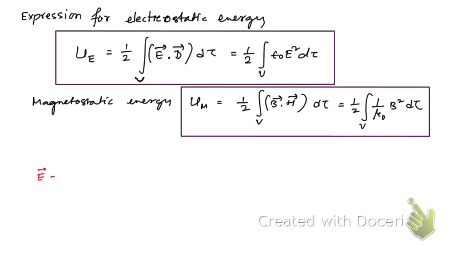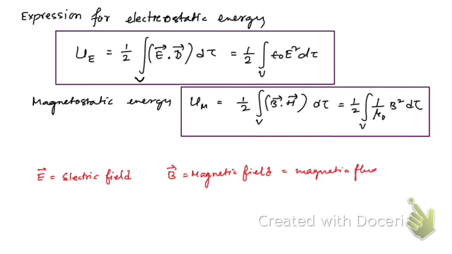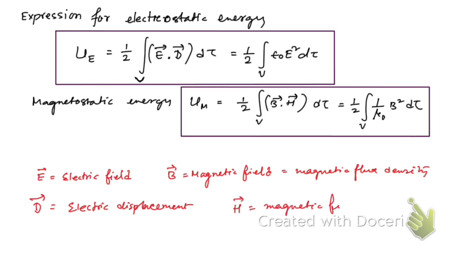E is the electric field, B is the magnetic field, or you can say magnetic flux density, D is the electric displacement, and H is the magnetic field intensity.